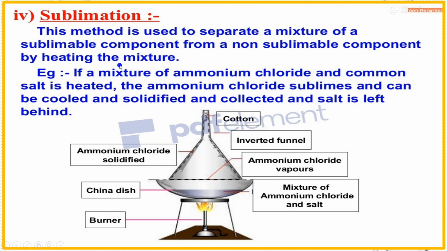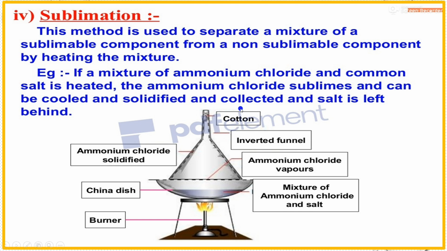Then sublimation. This method is used to separate a mixture of a sublimable component from a non-sublimable component by heating the mixture. For example, if a mixture of ammonium chloride and common salt is heated, the ammonium chloride sublimes because ammonium chloride is a volatile substance, and it can be cooled, solidified and collected, and salt is left behind.